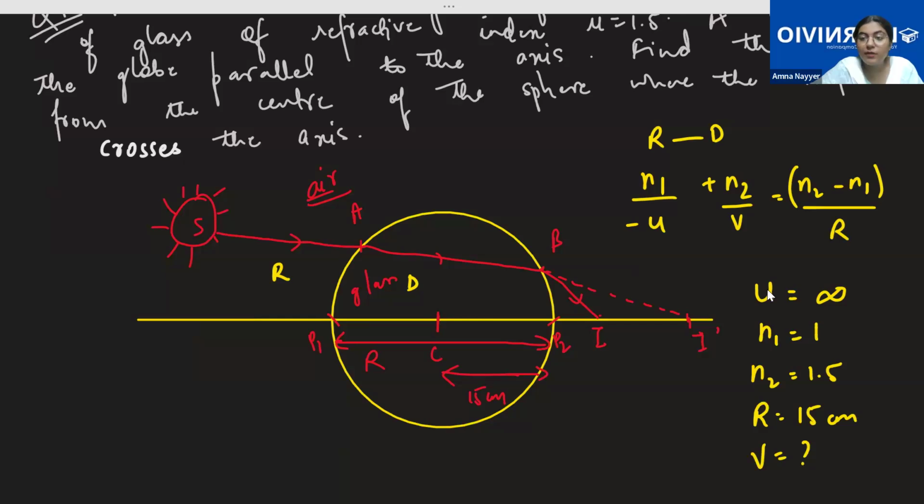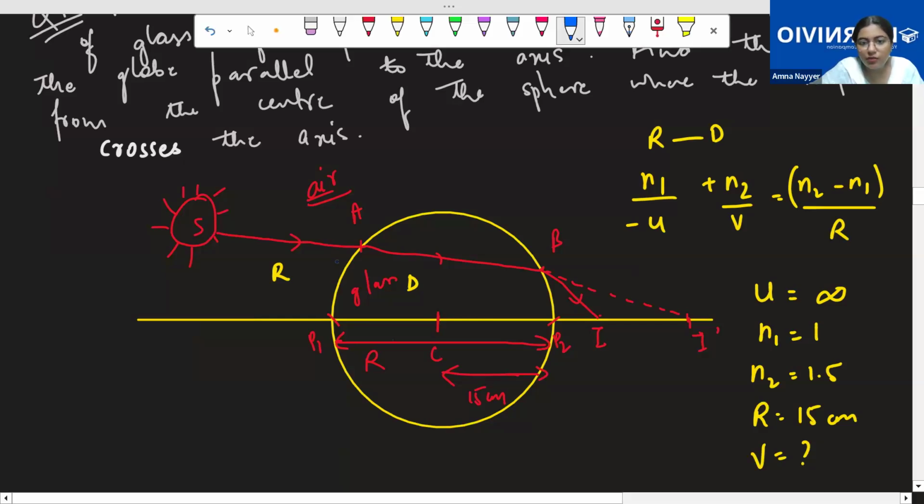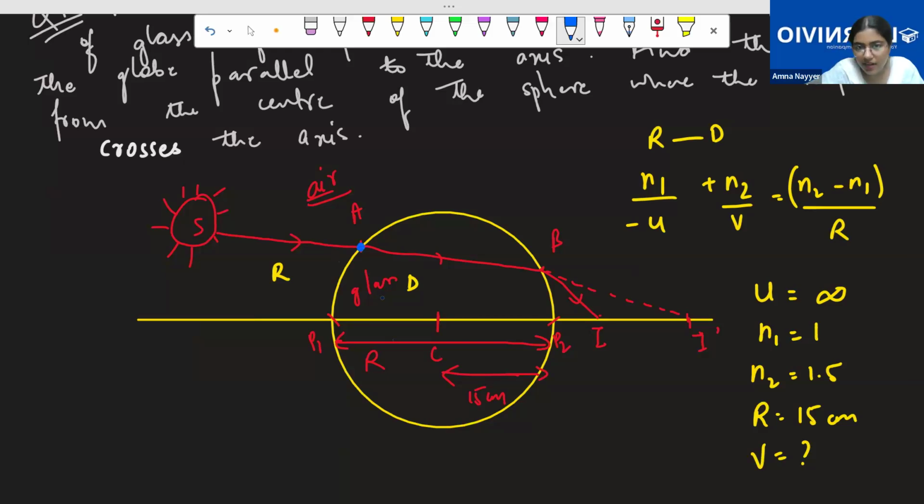Now what will V be? V will give you, at this point, if you apply the spherical refracting surface, the total image distance from the center of curvature. This intermediate one, because for this point, the image is the intermediate one. It won't provide you this one. So you calculate this separation as V dash.